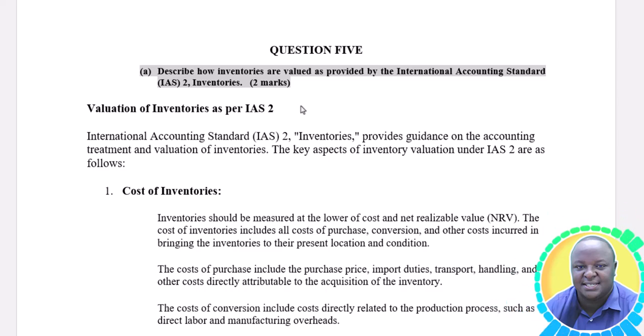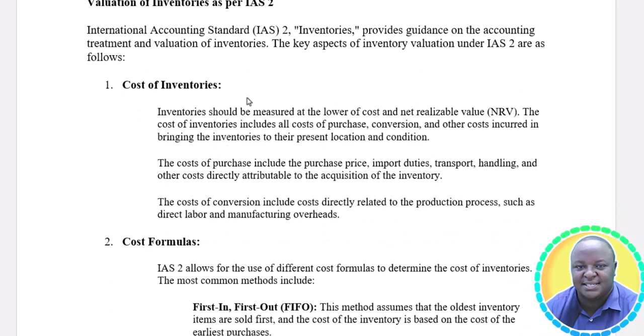The key aspects in inventories valuation under the IAS are: first is what we call cost of inventories. In that aspect of cost of inventories, it clearly states that inventories should be measured at the lower of cost and the net realizable value.